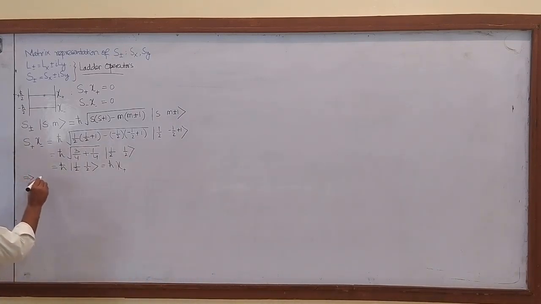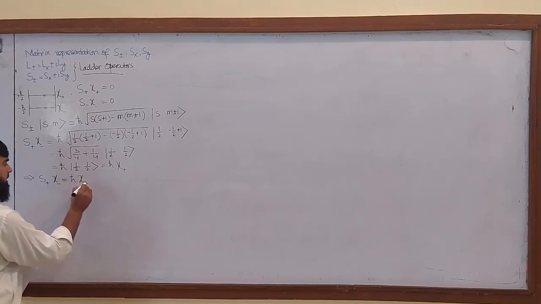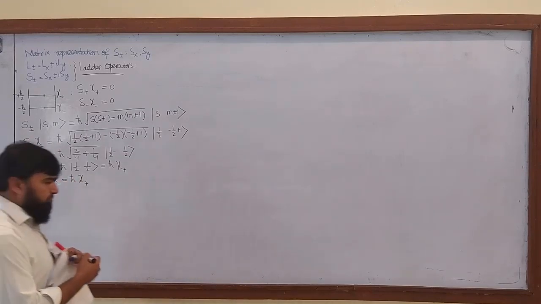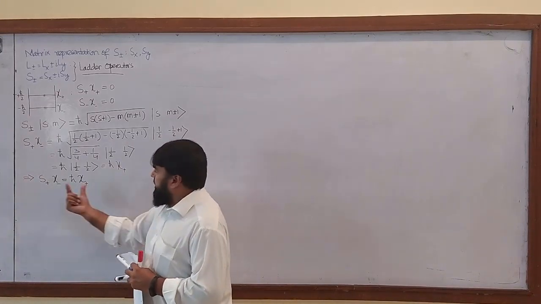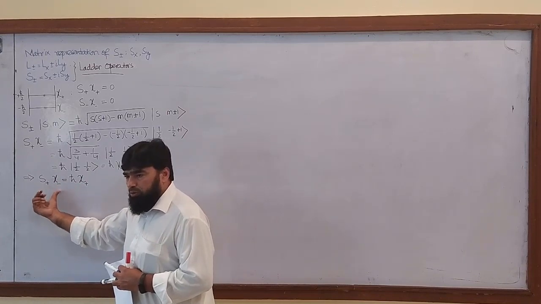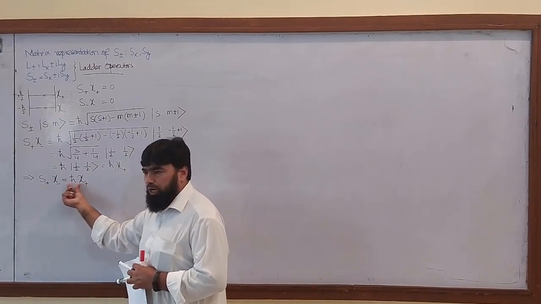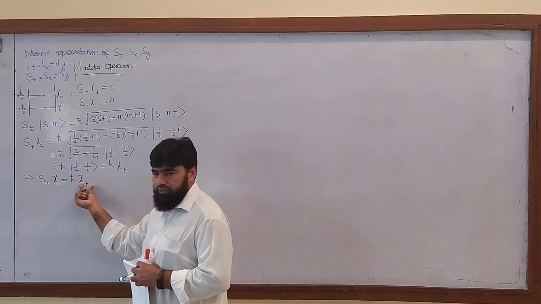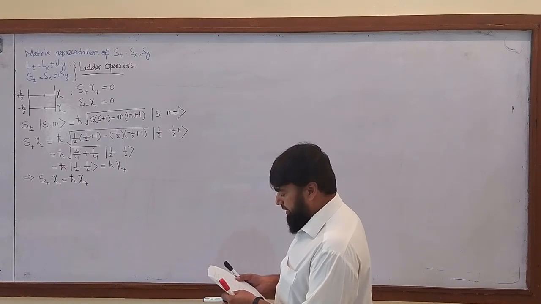That when you operate S plus on chi minus, it will give you h bar chi plus. And that is what I told you, that when you apply a raising operator on a spin down particle, it will give you an eigenvalue h bar in the spin up particle. Clear?